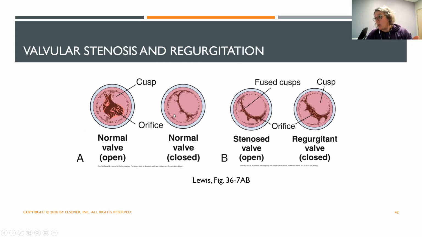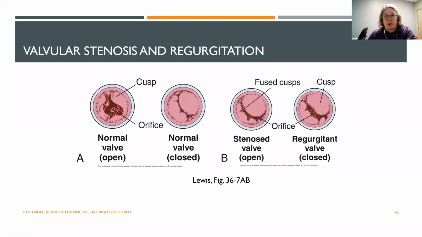It looks a heck of a lot like it's closed. There is just not a whole lot of opening at all. On a regurg situation, this is what the valve looks like when it's closed instead of over here in A. So in both situations, blood flow is impeded.